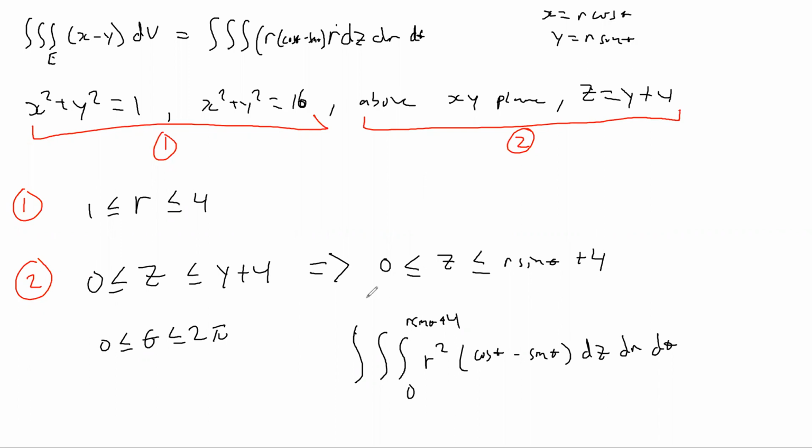Yeah, and one thing you want to do is you don't want to keep it as y because your integrating variables are z, r, and theta, right? So you want to convert it to something in terms of a radius or r. And so r is going to be in between 1 and 4. And finally, theta is going to be enclosed from 0 to 2 pi. Okay. All right. So yeah, I'm just going to leave that setup right there.